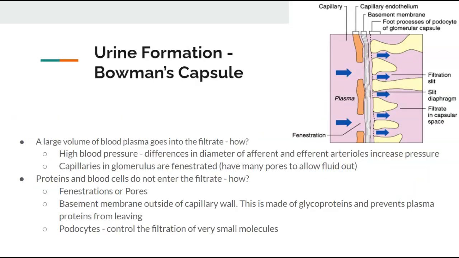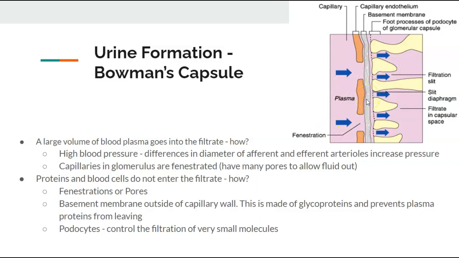Okay, once we get into the Bowman's capsule, we're now talking about actually moving the filtrate through. So a lot of blood plasma goes into the filtrate because of this high blood pressure. The differences in diameter of the 2 arterioles, the afferent and efferent, increase pressure, and the capillaries are fenestrated, which just means that they have holes in them so that the filtrate can go through.